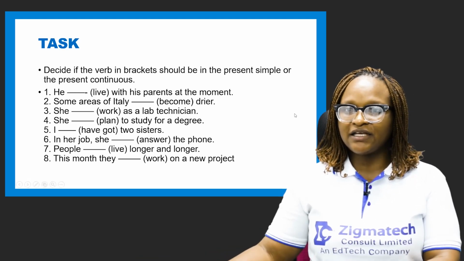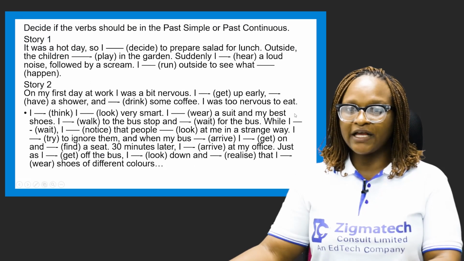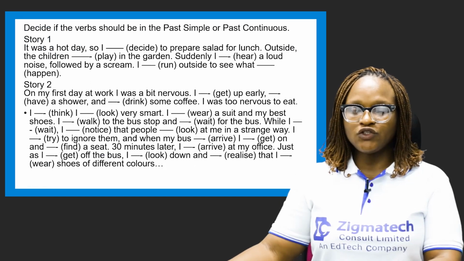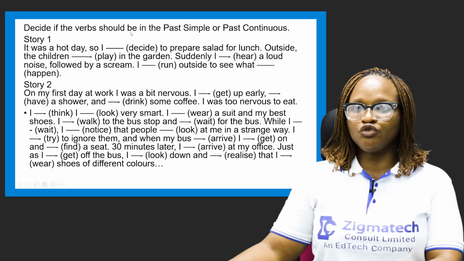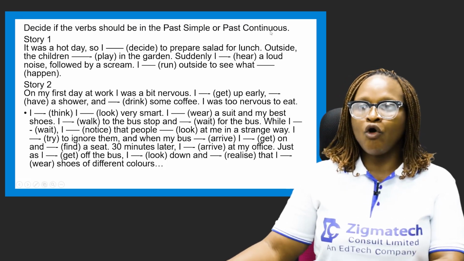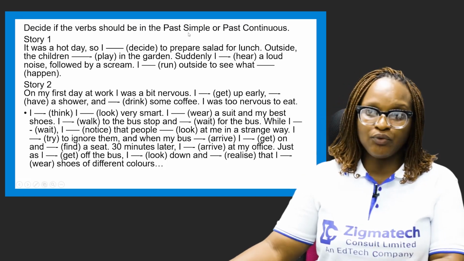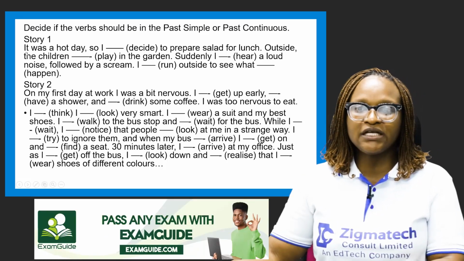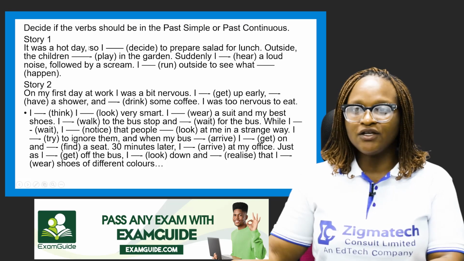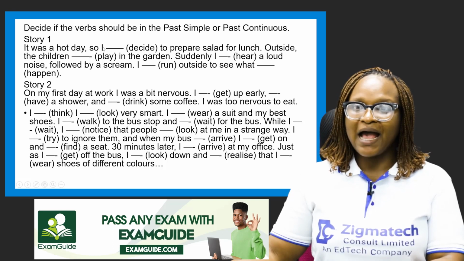Now, there's another task here. Look at this. It's like a story. You have to decide if the verbs should be in the past simple or past continuous. Story 1 says, it was a hot day, so what happened?